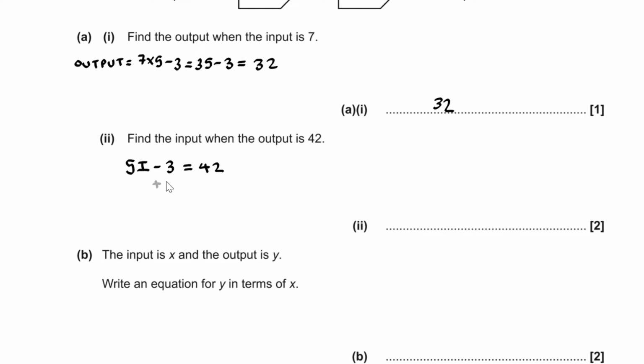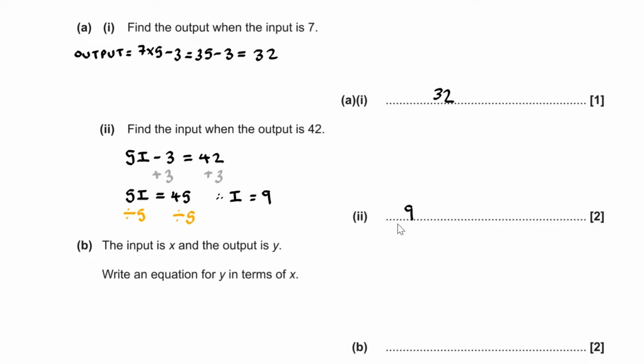If we add 3 to both sides, you'd find 5i to equal 45, and if we divide both sides by 5, what you will find is I is equal to 45 divided by 5, which is 9. So the input here is 9.